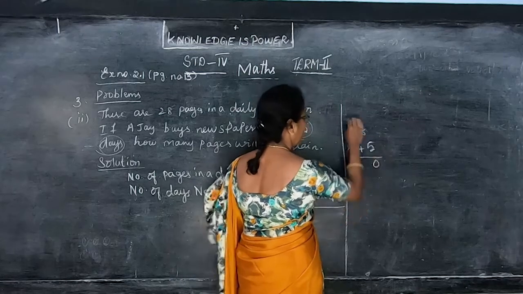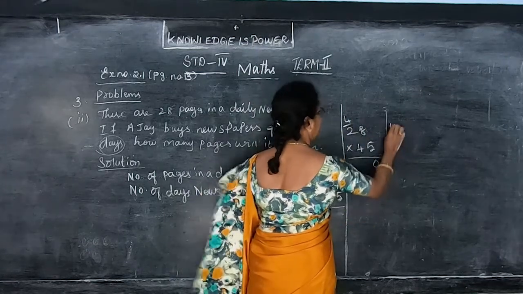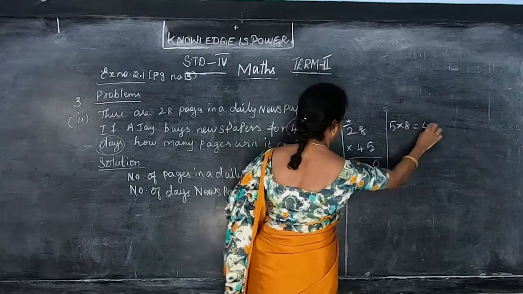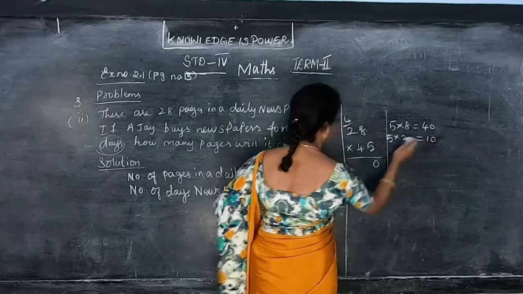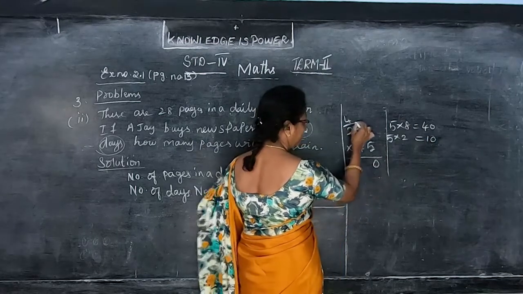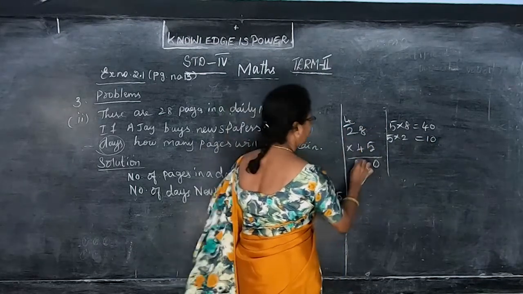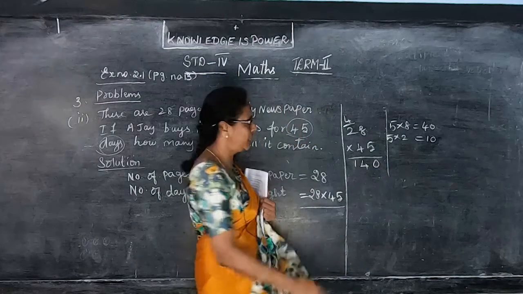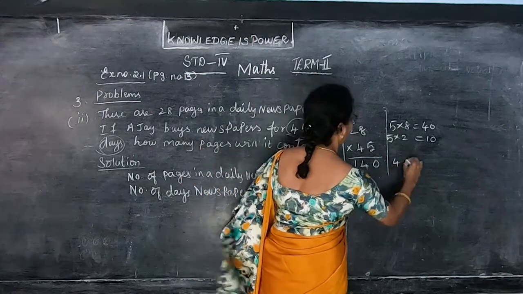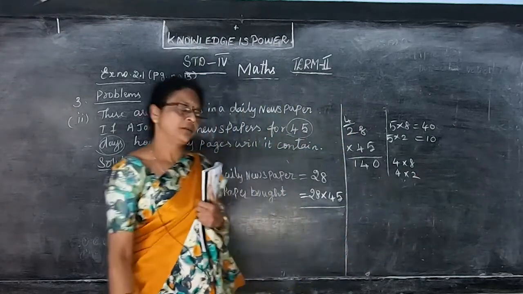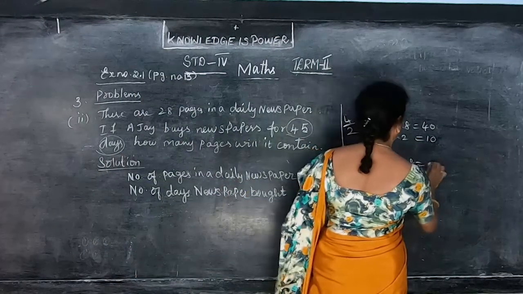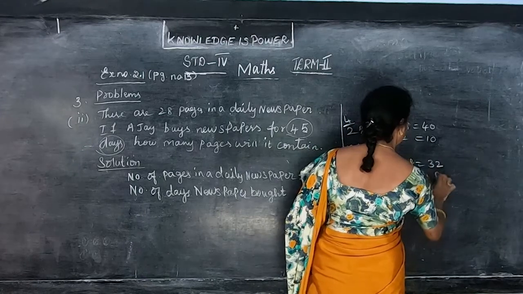5 8s are 40, carry over 4. 5 into 8, 40. Then 5 into 2 is 10. So for 40, put 0, carry over 4. 5 2s are 10 add 4, that gives you 14. Then again 4 into 8, then 4 into 2. 4 8s are 32 and 4 2s are 8.